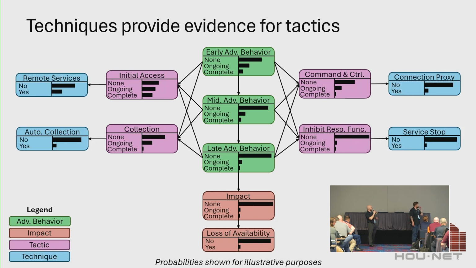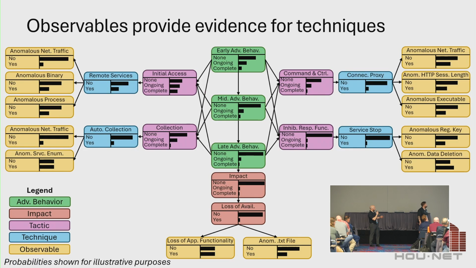Branching out from that, we have these light blue nodes which correspond to the techniques, so the specific means that the adversary uses to try to achieve a tactic. And then further branching out, we finally have our observables given by the yellow nodes. So the observables are the evidence that we provide to the network to get our findings.